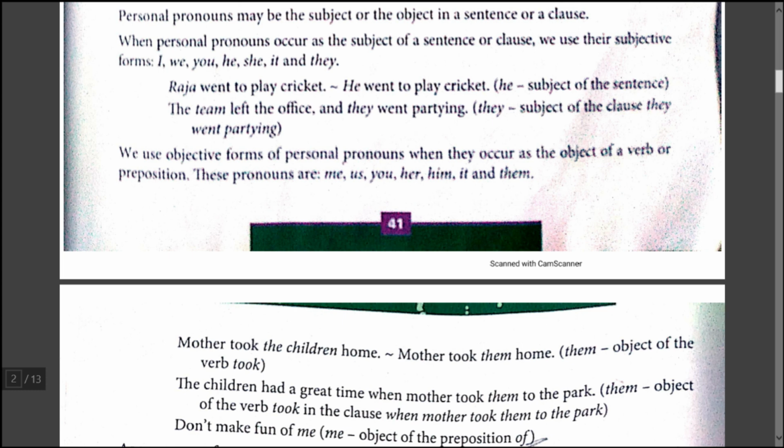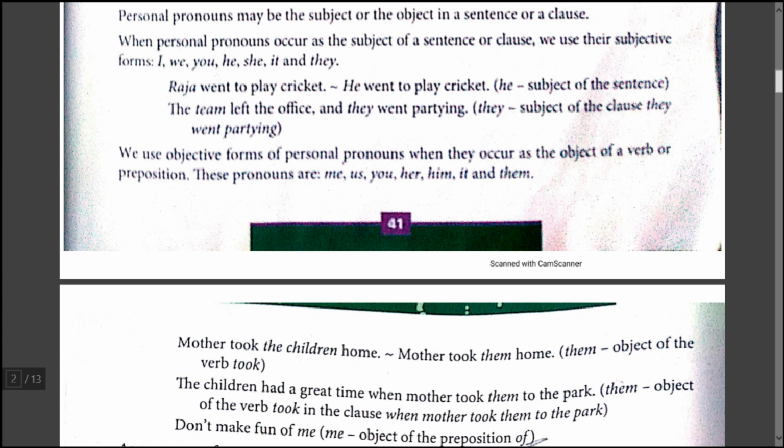So here, going further, we use objective forms of personal pronoun when they occur as the object of the verb or preposition. So here, the pronoun should be the object of the verb, students, or of a preposition.